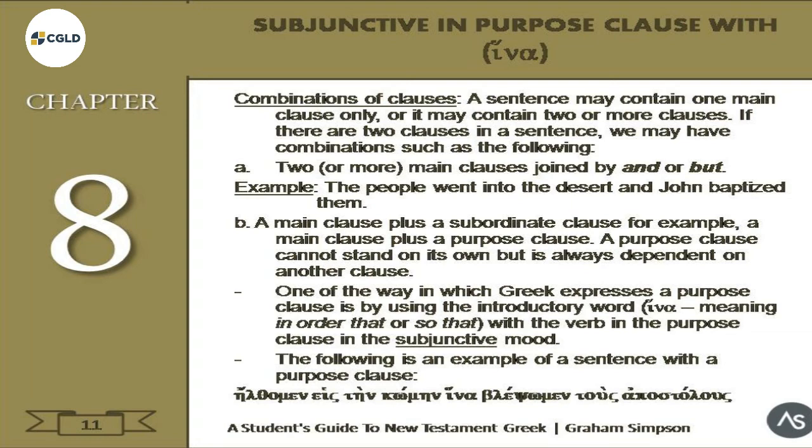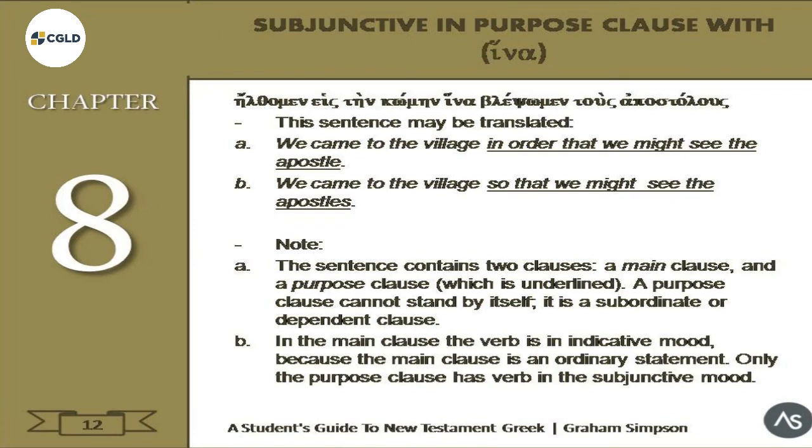Elthomen eis ten komen hina blepsomen tous apostolous. Now this sentence can be translated in two ways. First, we came to the village in order that we might see the apostles.